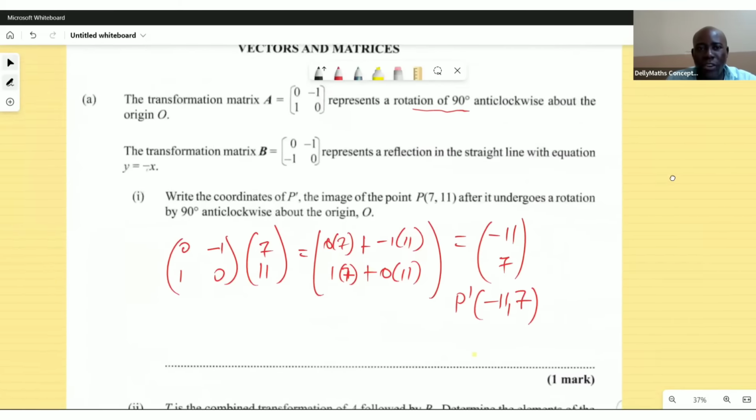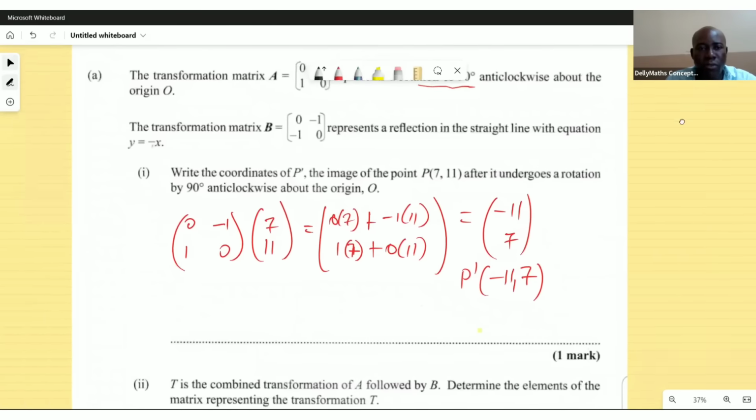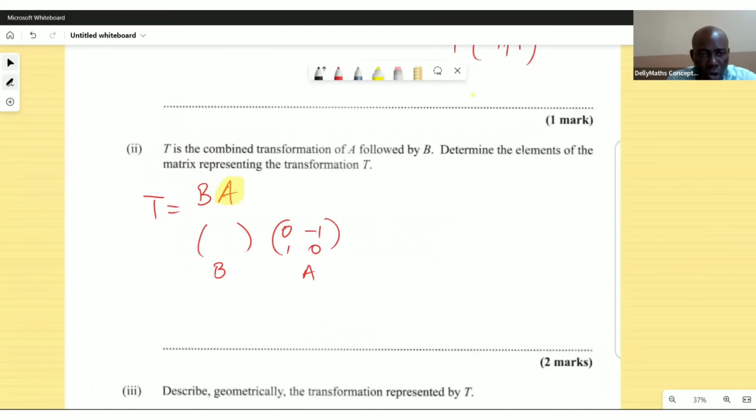So let us write them. I'm writing my A matrix 0, negative 1, 1, 0. And then I'm writing my B matrix, which is 0, negative 1, negative 1, 0. So what we need to do is multiply row by column. So we're talking about 0 times 0 plus negative 1 times 1.